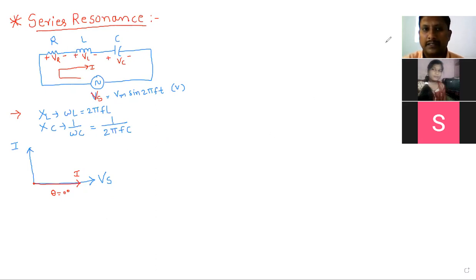So the phase difference between both is how much? 0 degree. So this is called in phase.